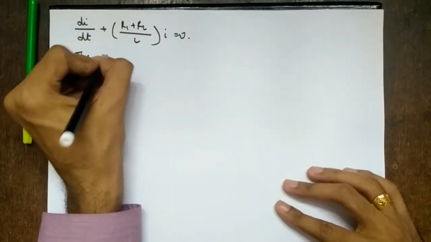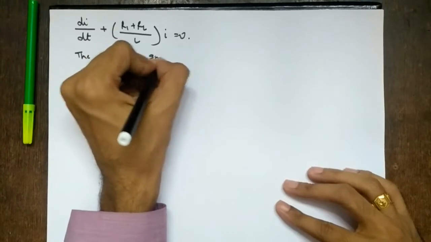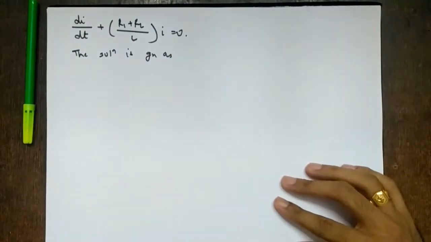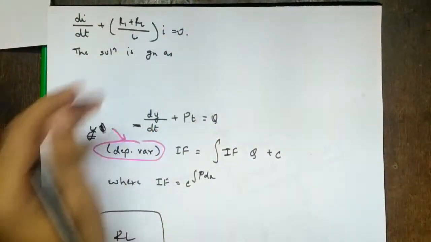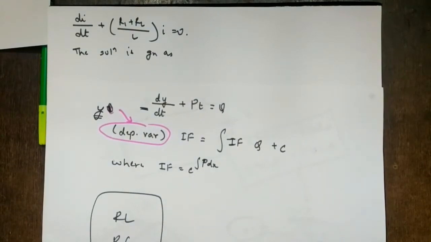So you'll write the solution. What is the dependent variable? It is I, right?